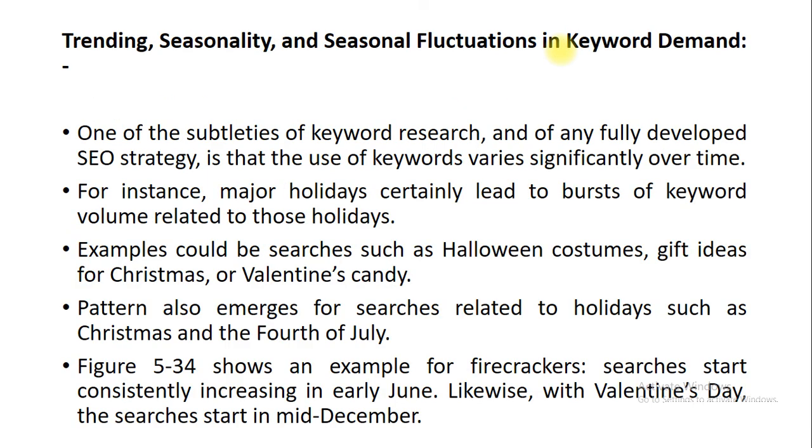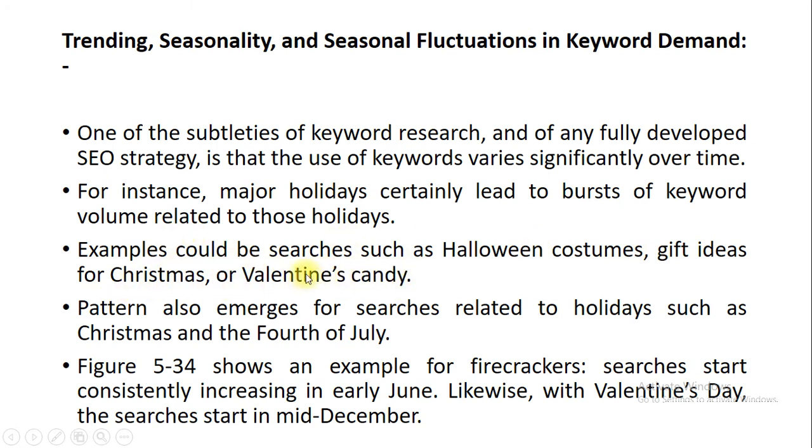Number three, trending, seasonality and seasonal fluctuations in keyword demand. Before discussing this point, just focus on the examples of the third point. Examples could be searches such as Halloween costumes, gift ideas for Christmas, or Valentine's Day candy.